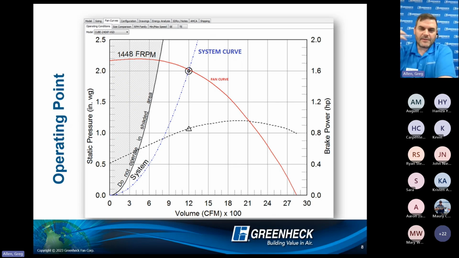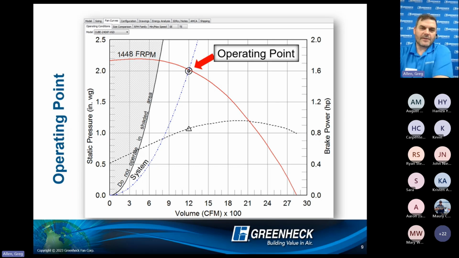How much system resistance is going to be added to overcome in this entire system is represented by that curve. Now, the neat part is where they intersect, the system resistance curve and the fan curve. That is called the operating point. So whatever fan we're looking at, at this RPM and this static pressure, will move this amount of air.